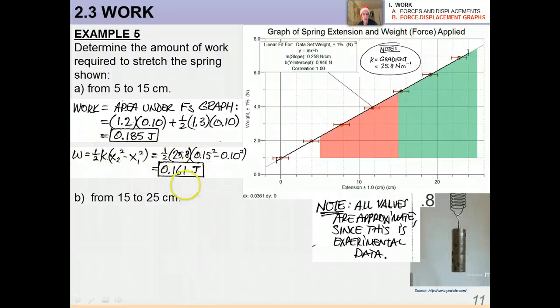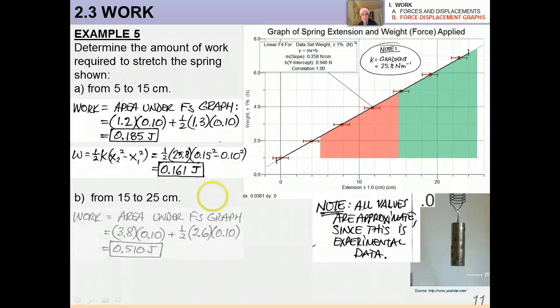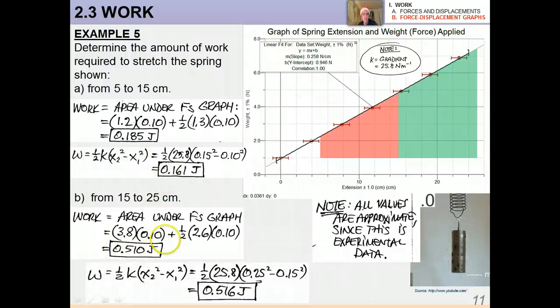That's a little bit different, and that's okay because remember this is experimental data and this is actually a best fit line. From 15 to 25, that's the green area, I got 0.510 joules. And again, using the equation I introduced in the previous slide, I got 0.516 joules. They're pretty darn close, good agreement there. But just remember, all values are approximate because we're using experimental data.